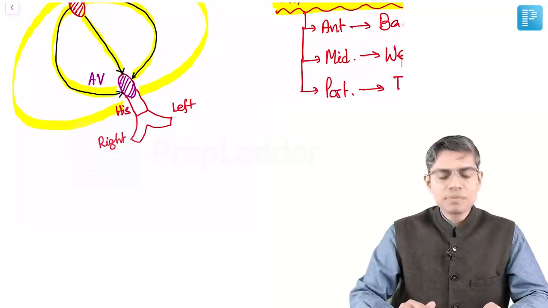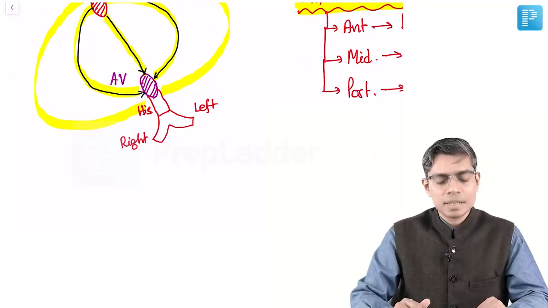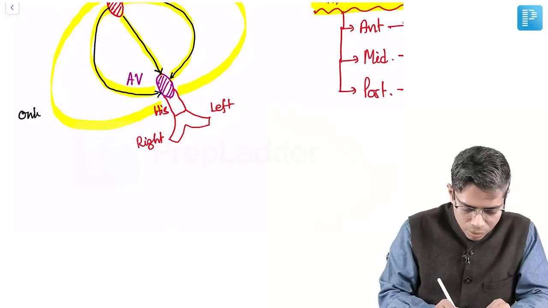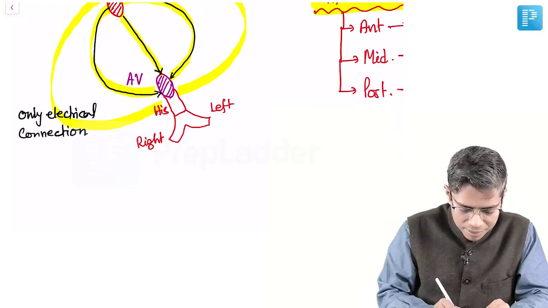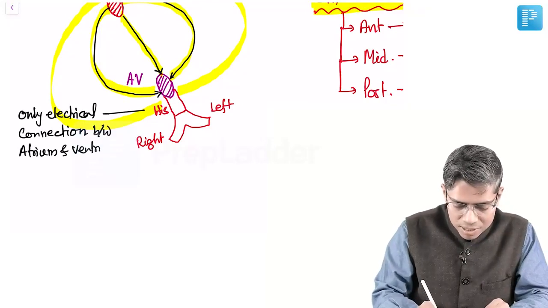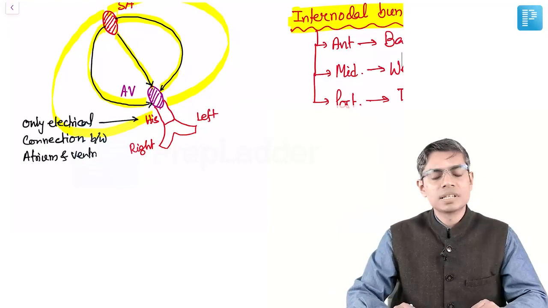Now regarding the bundle of His, you have to remember one important piece of information: it is the only electrical connection between atrium and ventricle, right? Why am I saying this?